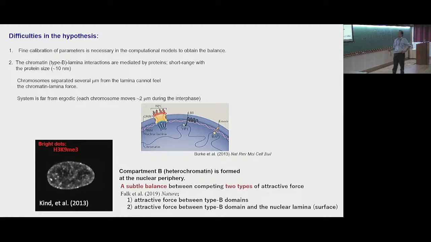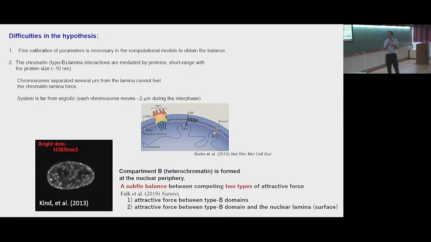But this attractive range is about 10 nanometers or so. This is very short range because the nucleus has a 10 micrometer diameter. And the difficulty is that the system is far from ergodic. During interphase, each individual chromosome, the genome, is soft, fluid, but it's not stirred very much, not in equilibrium. It's nearly a glassy-like state. It's probably a very dense liquid state.